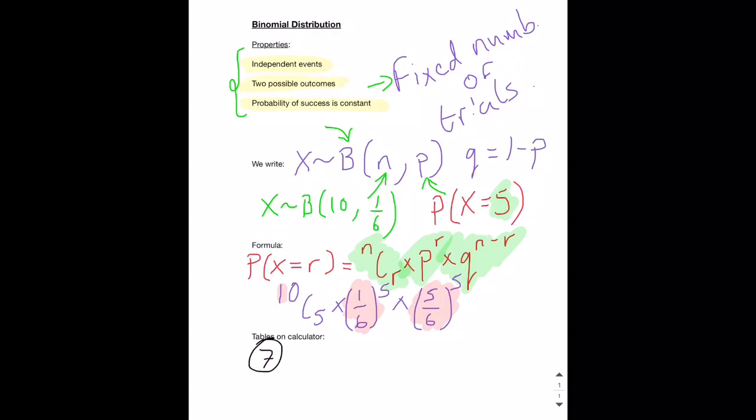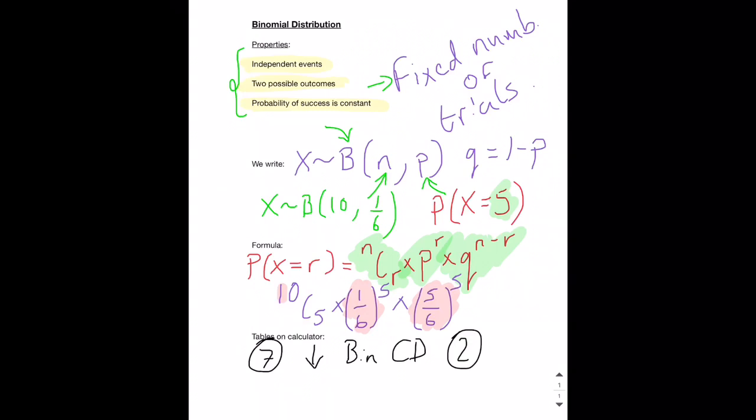You'll have to go down to binomial CD. So press down and then go to binomial CD. And then if you click variable, which is number 2, you can put your value of X in, your N and your P.